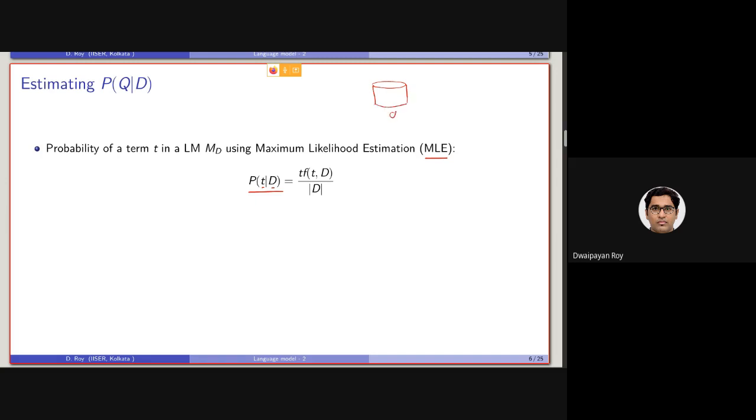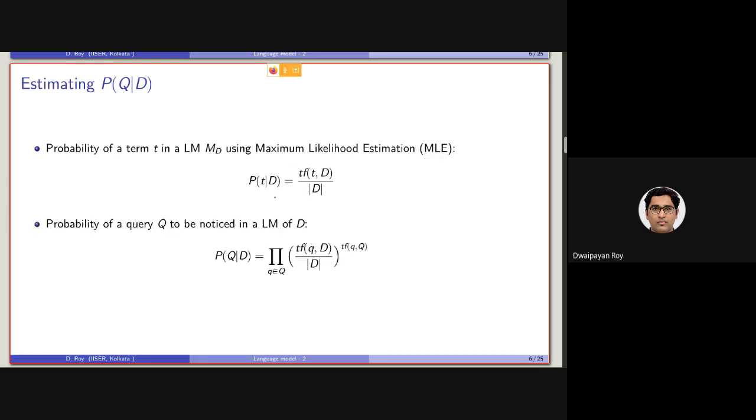If I draw a term out of the urn, what is the probability that I will be seeing T? It is the term frequency of the term in that urn divided by the total number of terms in the document, or the total number of terms in the urn. So for any term T, the probability of generation of T given D will be computed using the maximum likelihood estimate.